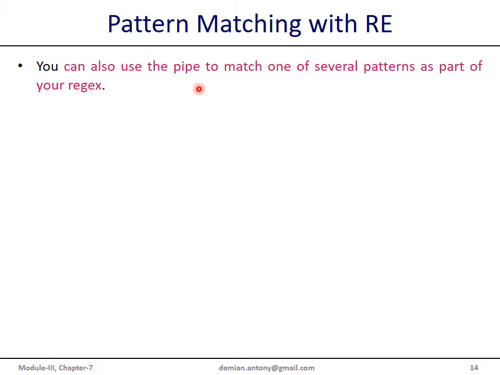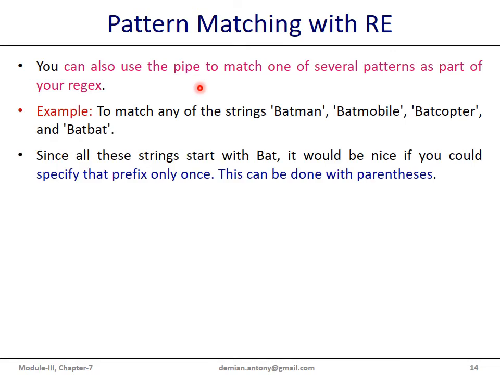We can also use the pipe character to match one of several patterns as part of the regular expression. Consider the example. If you have a number of strings with the prefix Bat, like Batman, Batmobile, Batcopter, etc., and we want to match these patterns in the string.